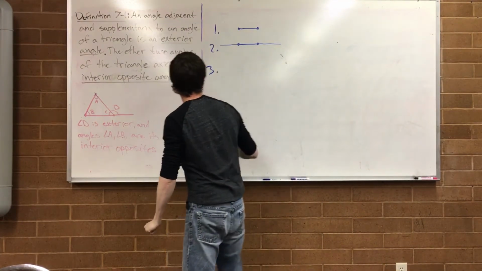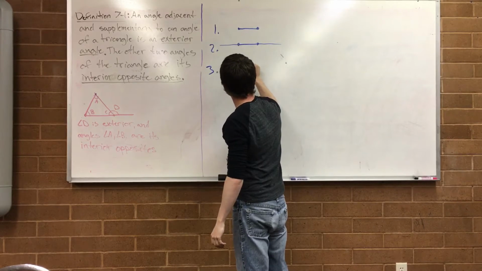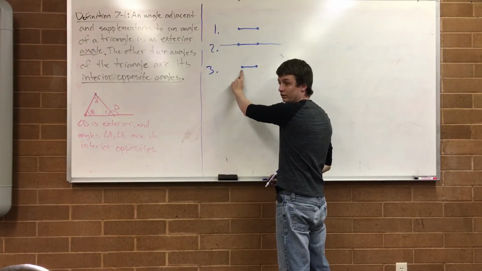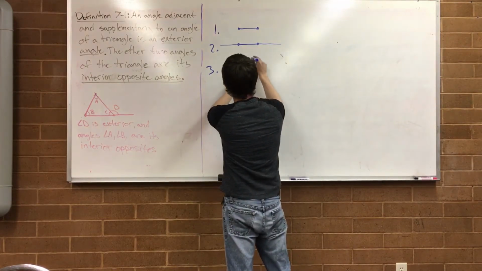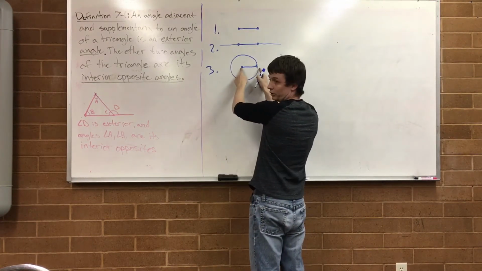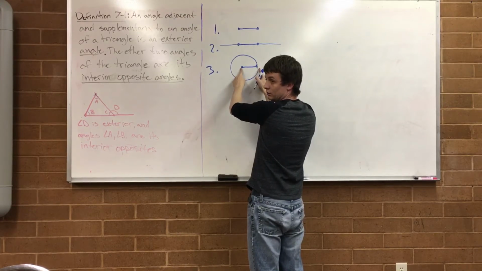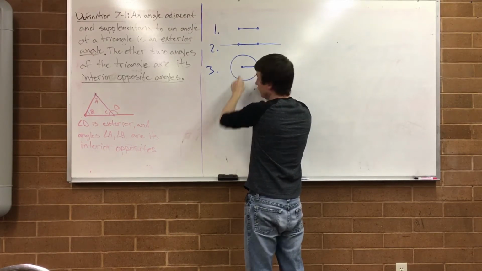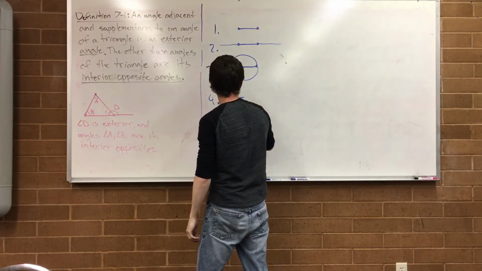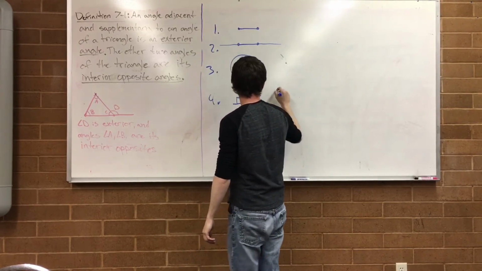Number 3, Euclid said that if you had a line segment, you could pick one of the points, call it the center, and draw a circle centered at one of the endpoints with radius equal to the length of the segment. Number 4, he said right angles are congruent to right angles.